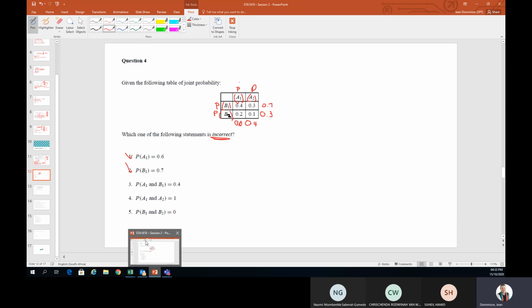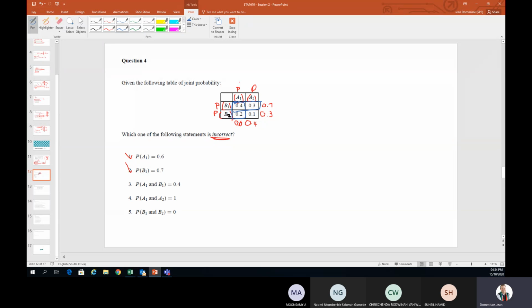So what is the probability of A1 and B1?